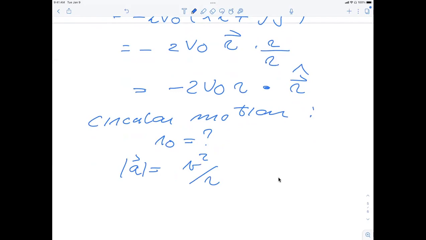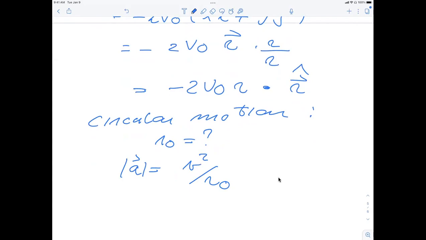And this r would now in this case be an r0, because if you have circular motion, the radius is the same all the time, right? It can't change. So if you now fix r0 to a specific value, you can then find the initial velocity. And that's what you need.